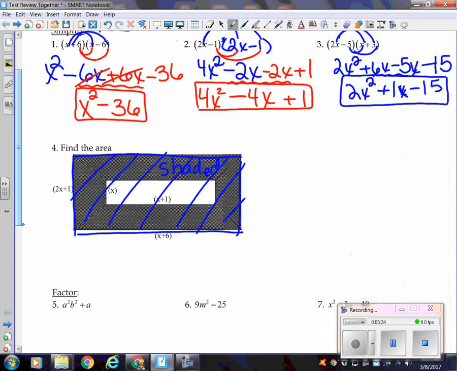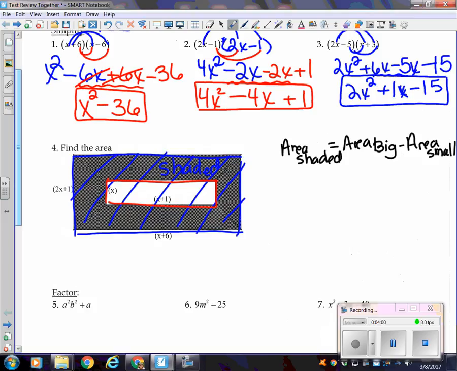Then I'm going to find the area of the smaller one and subtract it away. So to find the area of the shaded, I'm going to take the area of the big and subtract the area of the small.